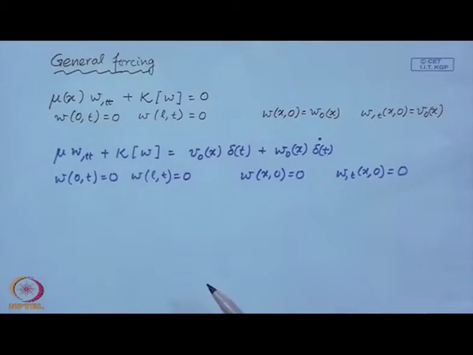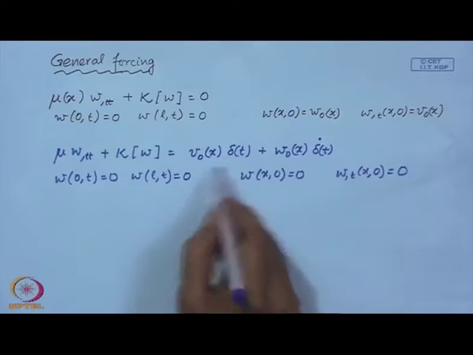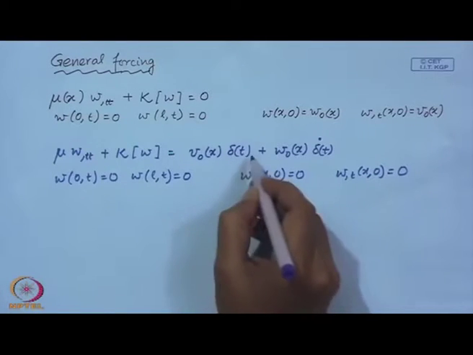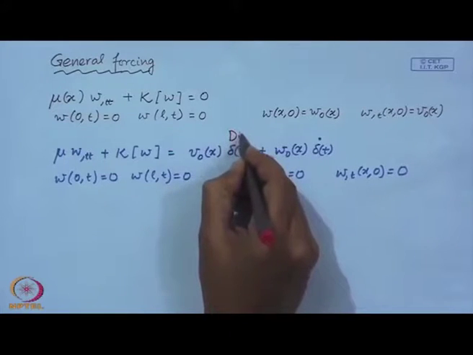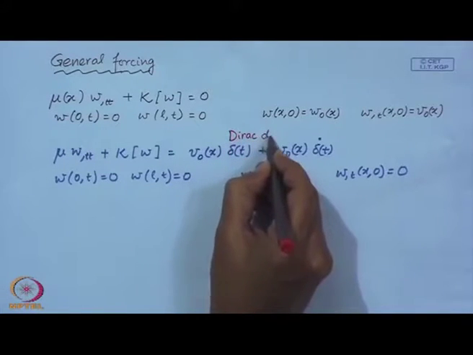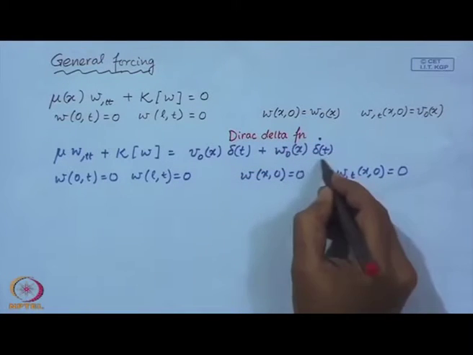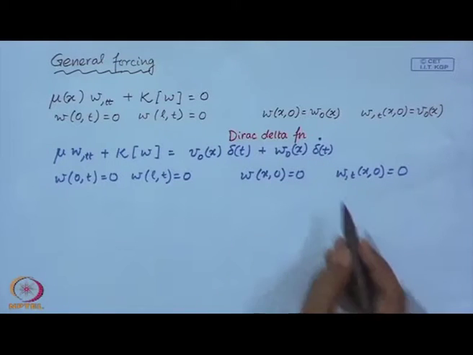These two statements are equivalent. So, essentially we have converted an initial value problem to a forced vibration problem. Here this is the Dirac delta function, and this is the time derivative of the Dirac delta function at t equal to 0.